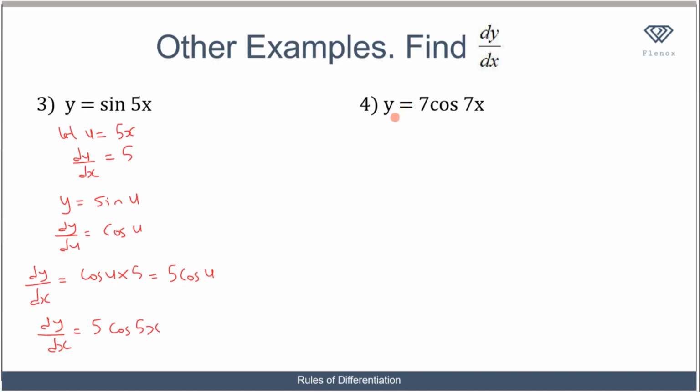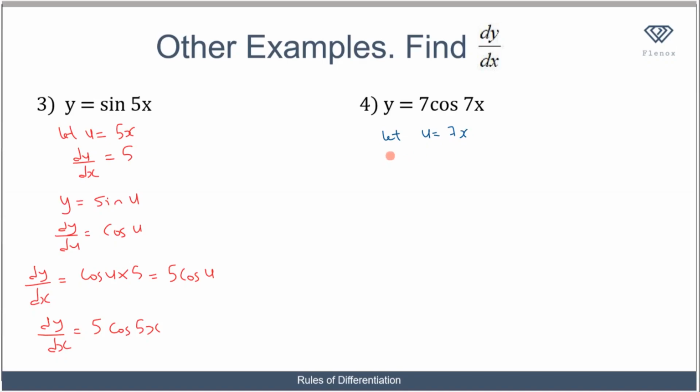And finally, here we're told to differentiate y equals 7 cos 7x with respect to x. And in this example also, we have what? 7x. So how do we deal with this? So the way we deal with this is that we say let u be equal to 7x.